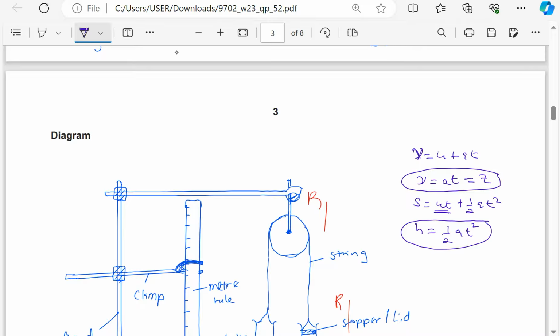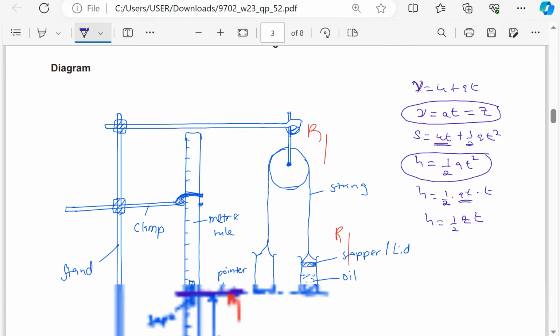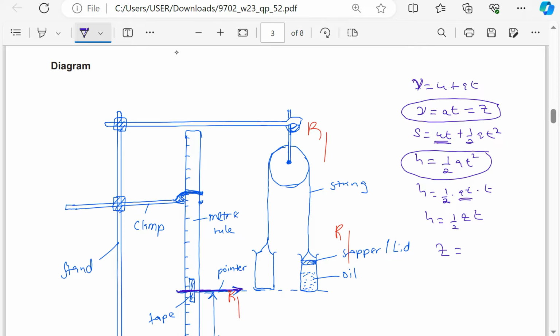I'm going to remove a in the expression. So at alone is z. So h is a half times at times t. At alone is z, so h is equal to a half times z times t, which means z is going to be equal to twice h over t.